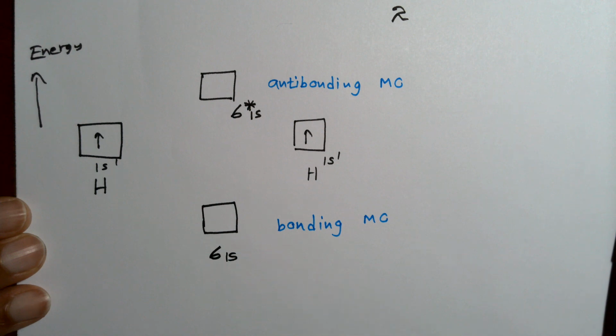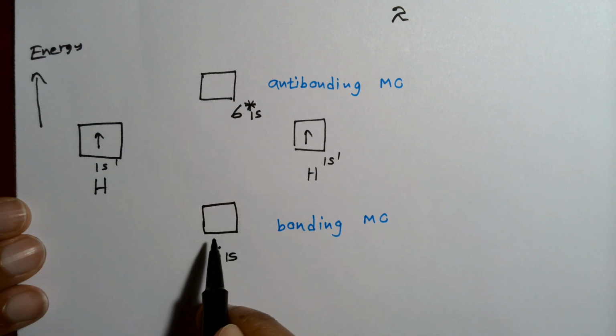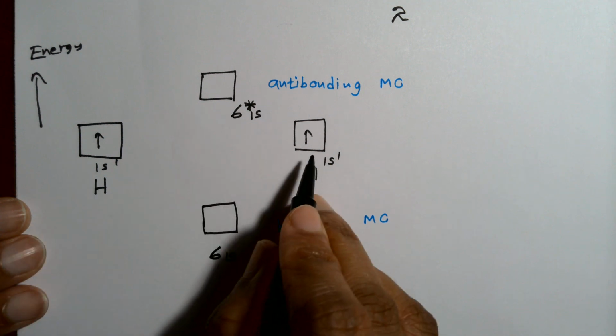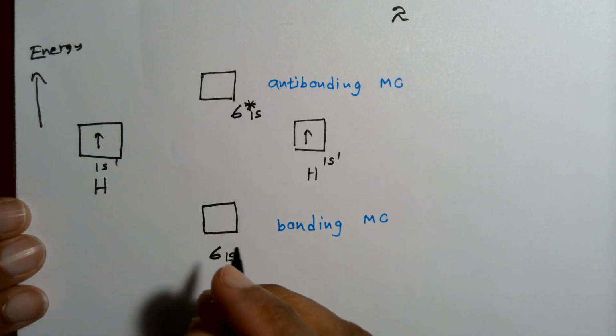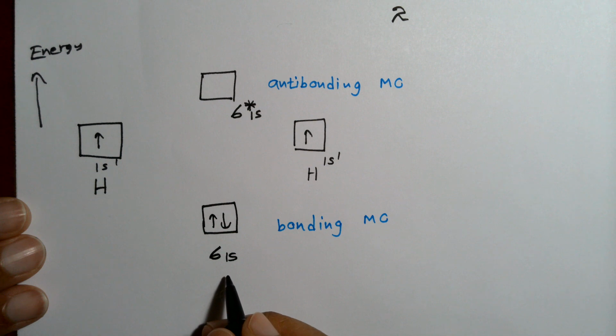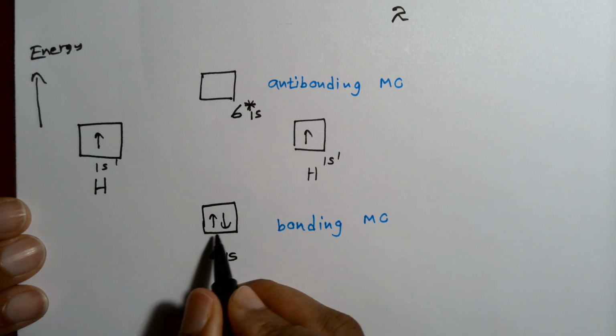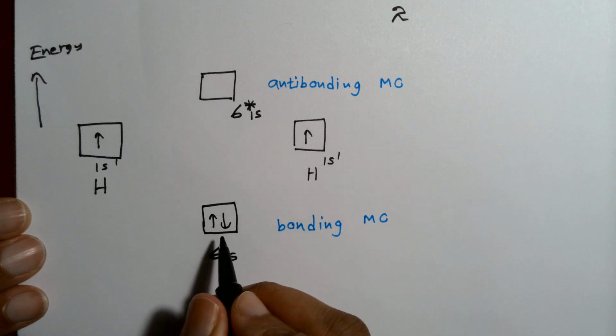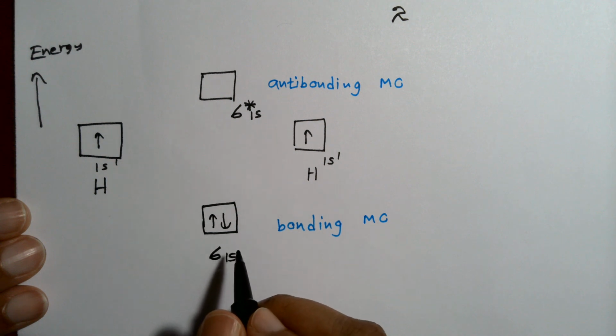Now, according to the Aufbau principle we discussed in electron configuration writing, we always need to fill the electrons from lowest energy to the highest energy. This is the lowest energy one. We need two electrons, 1 plus 1, 2. So let's put both electrons in the sigma 1s level, because each box can hold a maximum of 2 electrons.